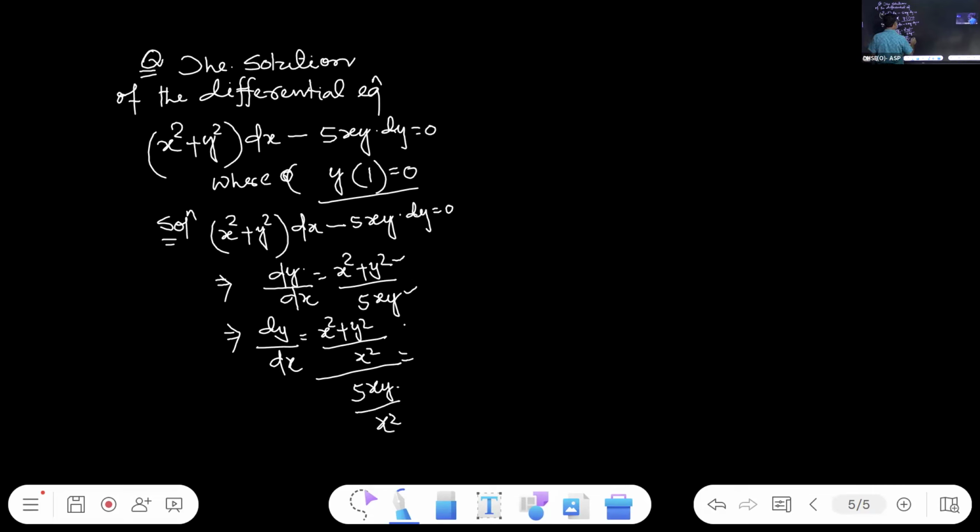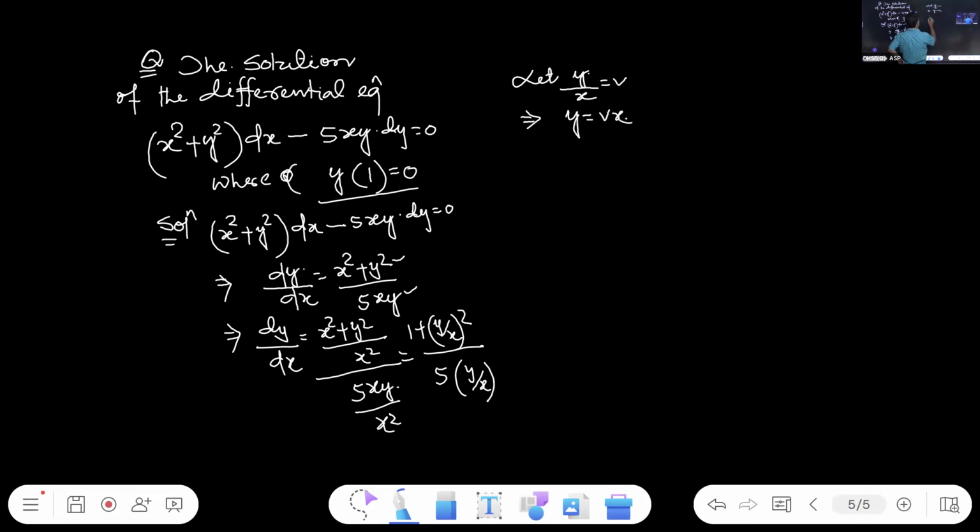This is equal to 1 plus y upon x whole square upon 5 into y upon x. Let y upon x is equal to v. This implies y equals vx. So dy upon dx equals v plus x dv upon dx.